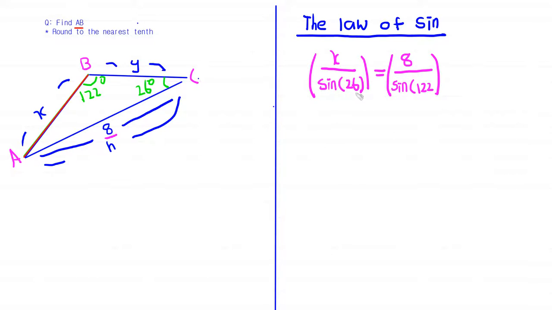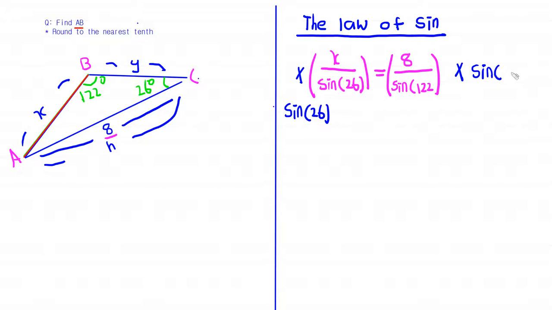And we can multiply by sine of 26 in order to find this length x. We multiply on the right here by sine of 26, and we also need to multiply by sine of 26 here in order to keep it equal.